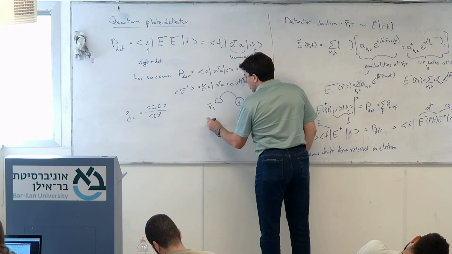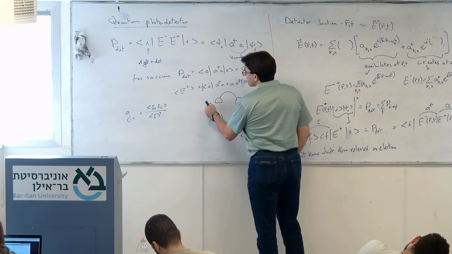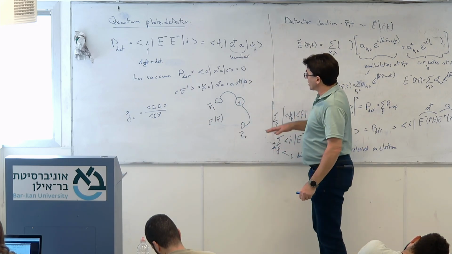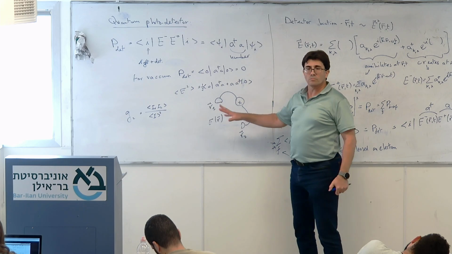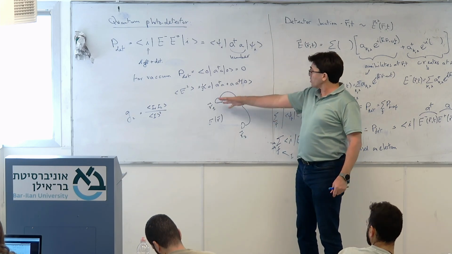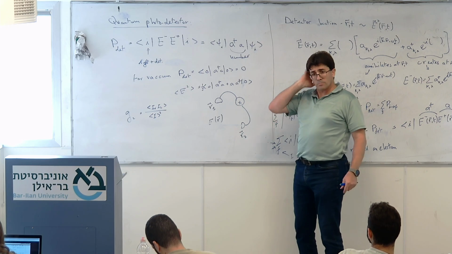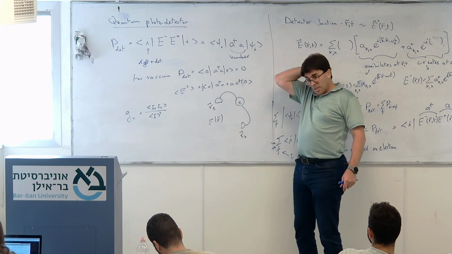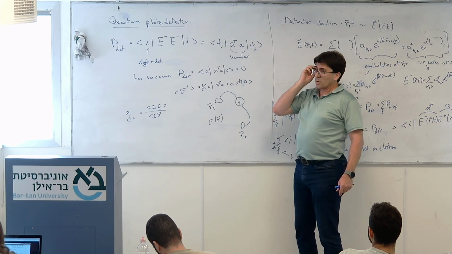There's a field here, and given that field, there's light. On that light field, this detector can click, this detector can click. I'm asking myself, what happens?